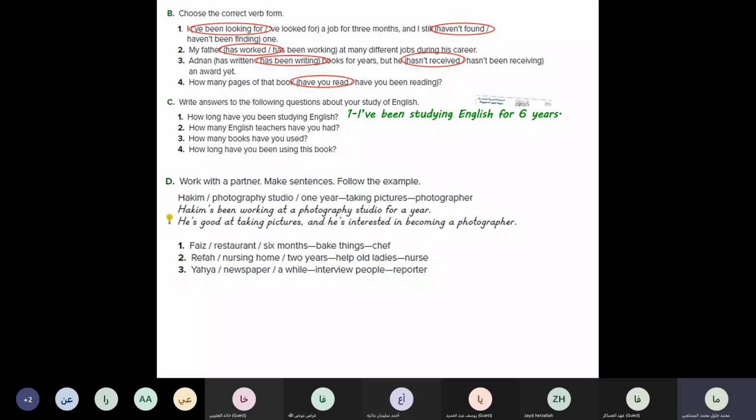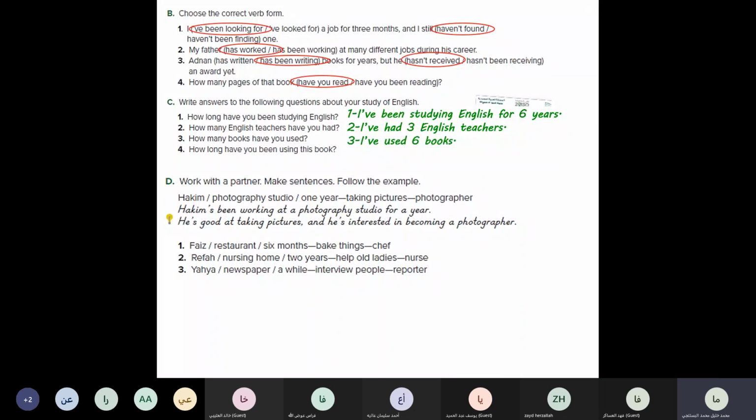The number. The quantity. Yes, I have 3 English teachers. Up to now, how many books have you used up to now? I have studied or I have used 6 books.